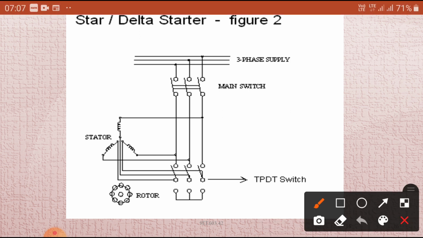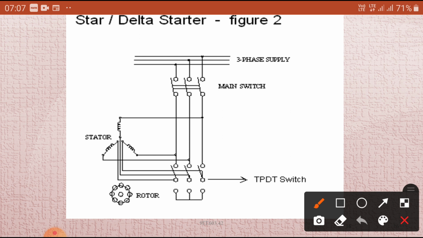Clearly you can understand. This type of starter is used for motors which are designed to run normally with a delta connected stator winding. Star or delta, but it is preferred for delta connected stator winding.